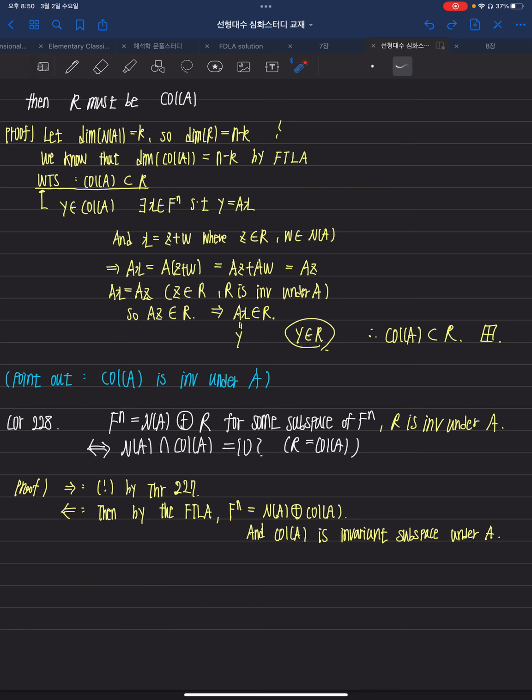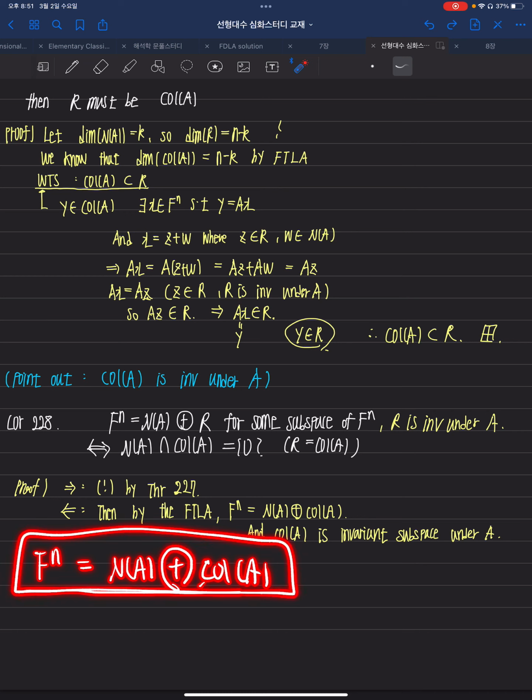And the dimension of Fn is equal to the dimension of the null space of A plus the dimension of the column space of A. Okay, but if the intersection of these two subspaces is the trivial subspace, then this fact and this statement must hold.